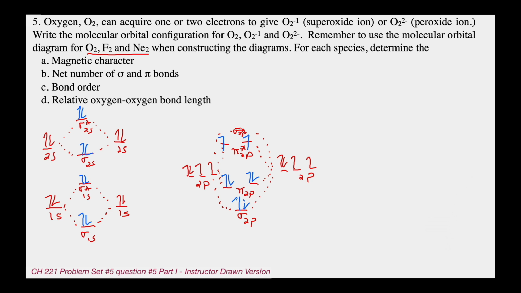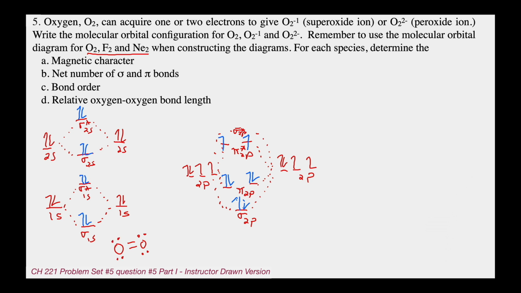Well, this is the molecular orbital diagram now for O2. And notice some interesting things about this. First of all, the molecular orbital diagram has two unpaired electrons. So O2 is paramagnetic, all right? And why that's kind of cool is because if you look at the Lewis structure for O2, it would be an oxygen-oxygen double bond with two lone pairs off each oxygen.